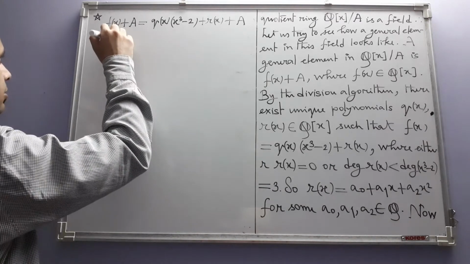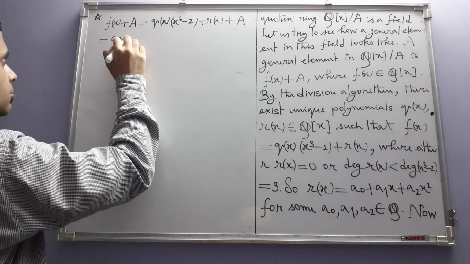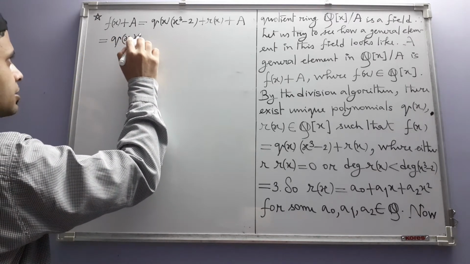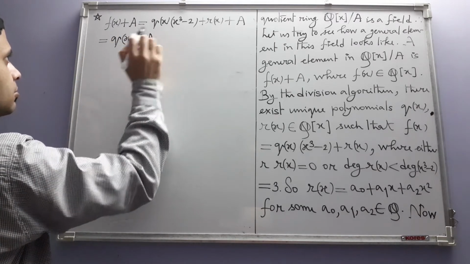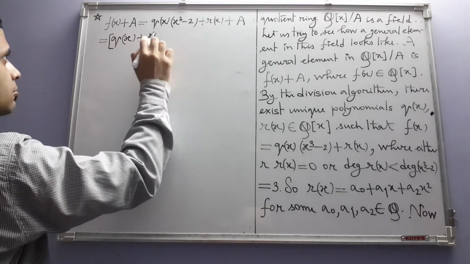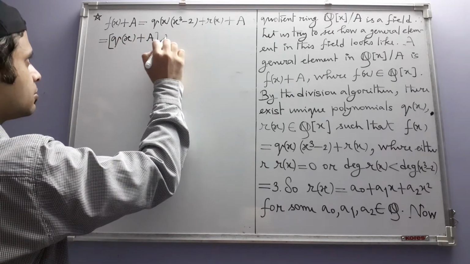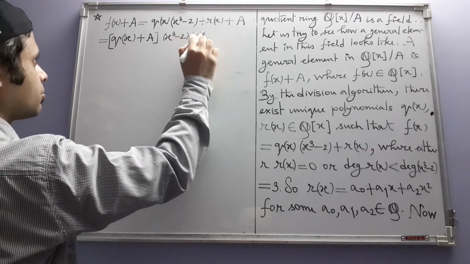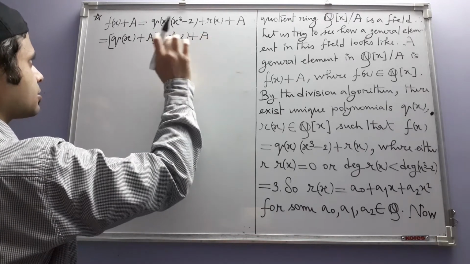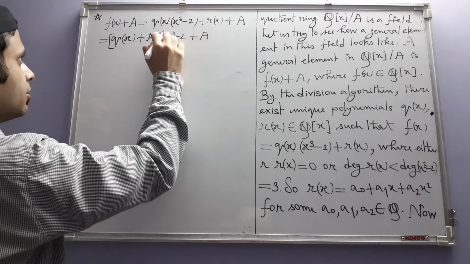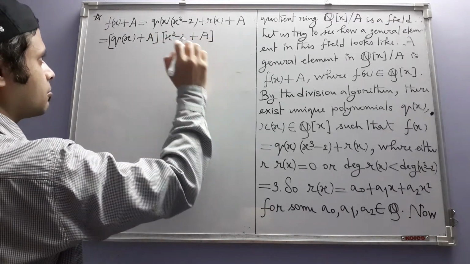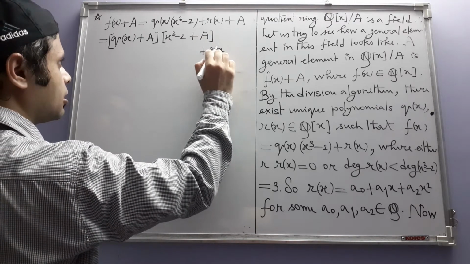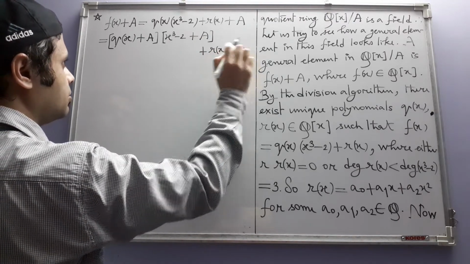According to that, we have qx plus A times x cube minus 2 plus A. Let me just not write the bracket at all. Plus rx plus A.